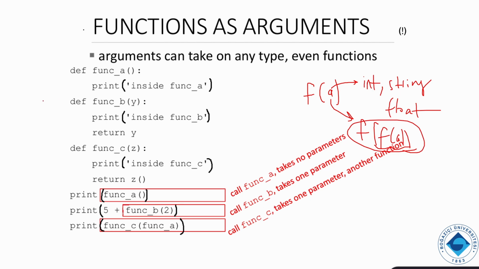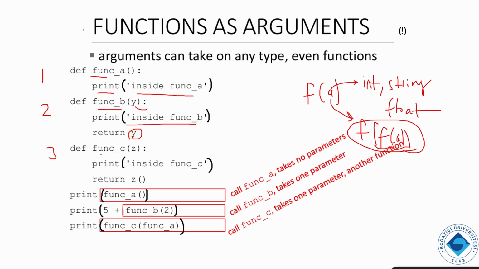Now in this example, we have three different functions: 1, 2, and 3. The first function, function A, is just printing some string values. The second function, function B, takes one parameter, prints a string, then returns this parameter again.